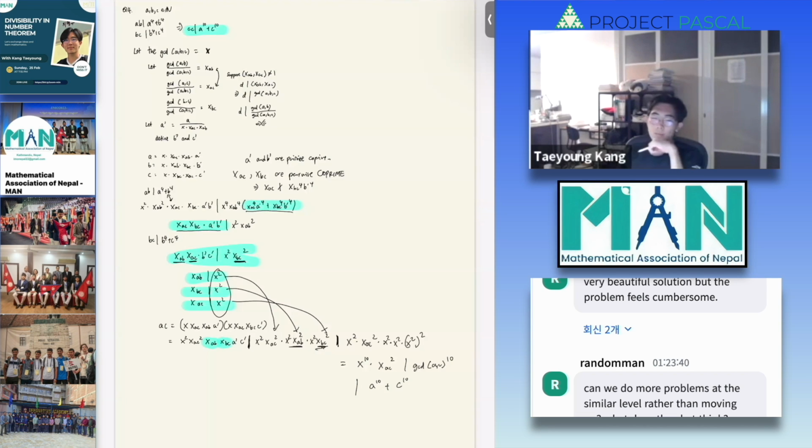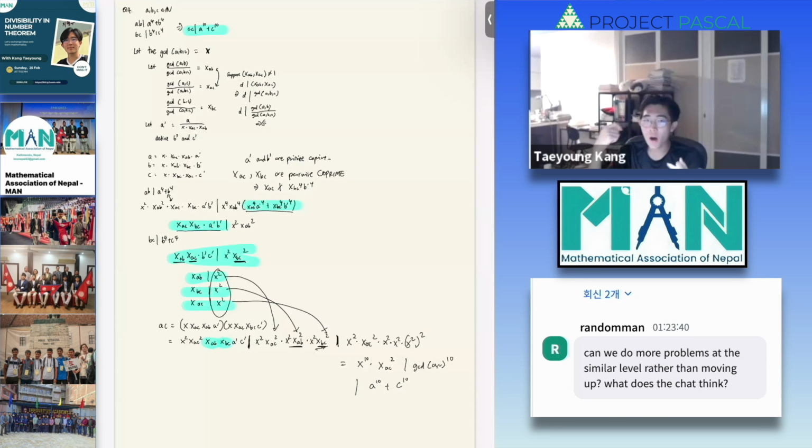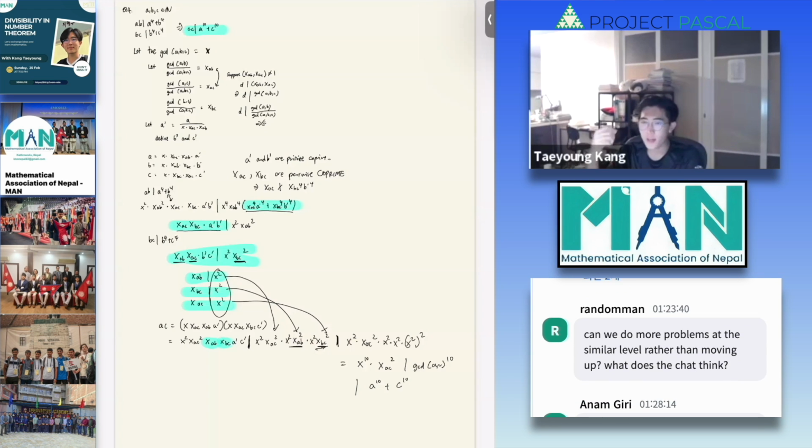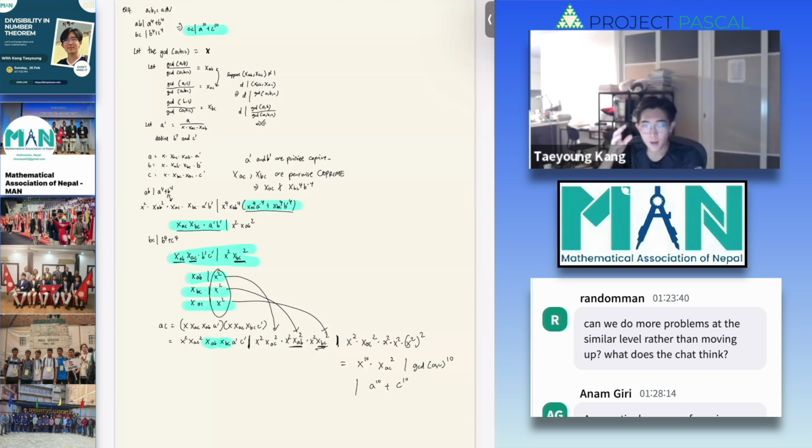I mean, that's Olympiad problems in general, right? As you go higher up in difficulty, you should be thankful that a problem is more cumbersome, because a more cumbersome problem means that you require less thinking and less brain power and more of doing the problem. Because it's much harder to think of new solutions as compared to sitting down and putting in the effort and working out the whole process to get the solution.